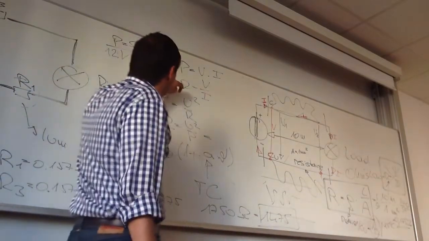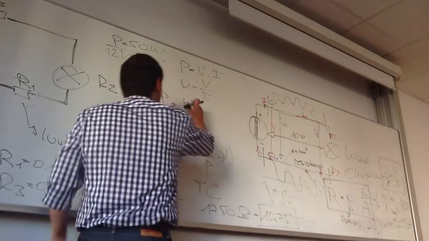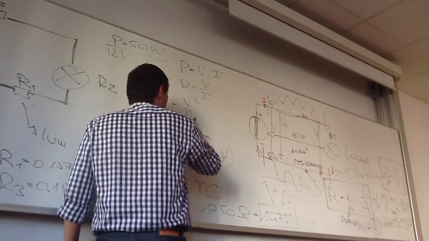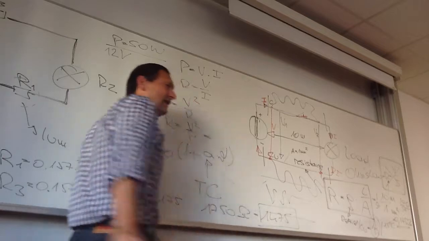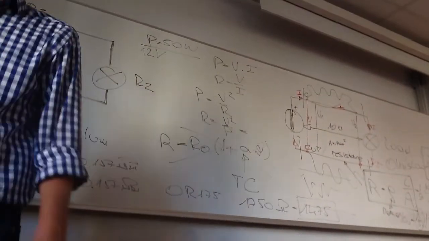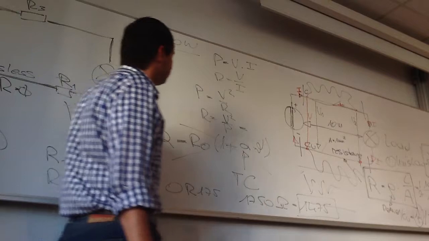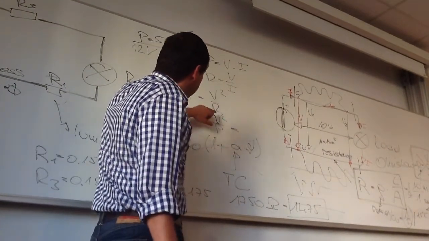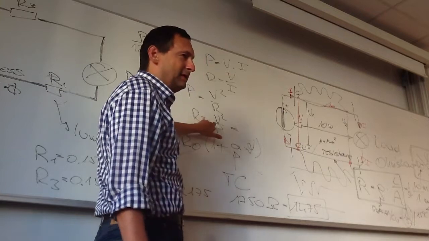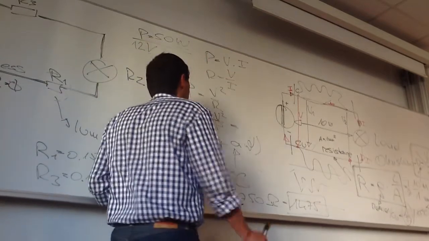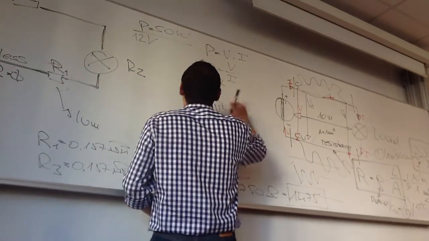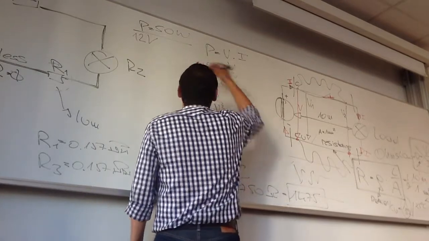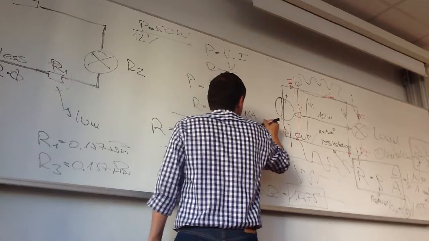What's U? U is V, actually. Because in German it's always written U for voltage, so for me it's pretty hard to switch from U to V. It's V squared over P. So V squared is 144 over 50 watts.